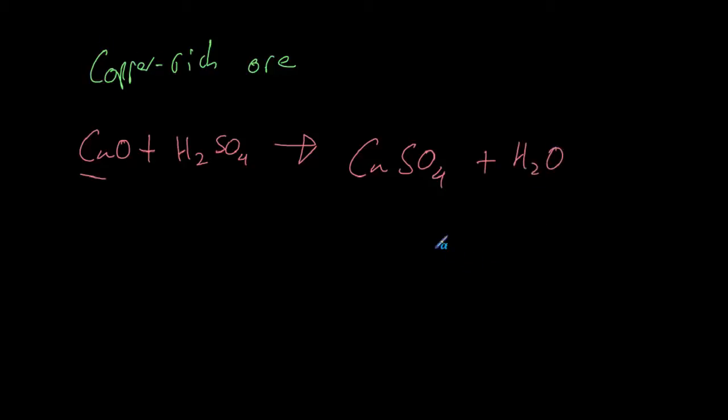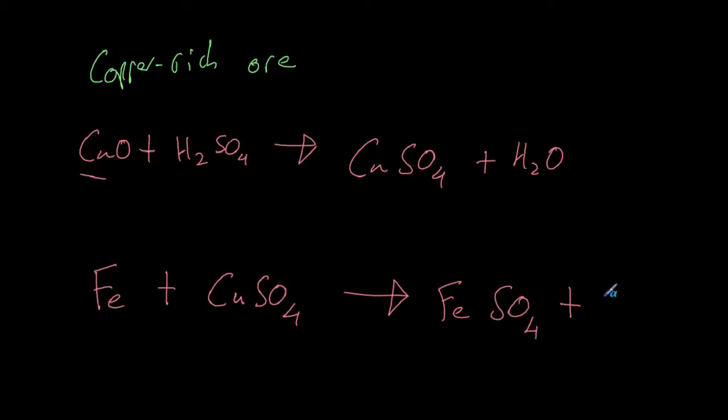From here we can use copper sulfate in a couple of ways to obtain pure copper. One easy example is, if you remember, iron and many other metals are more reactive than copper. And so we can set up a displacement reaction. If we take our copper sulfate solution and dip in some iron, normally just an iron nail would be fine, iron will displace the copper from its compound, and then we will form iron sulfate, and we're left with copper.